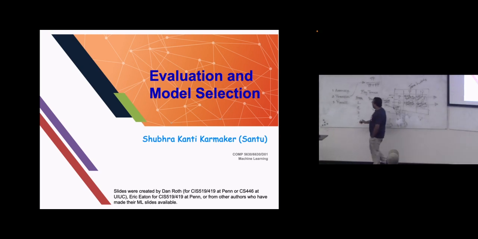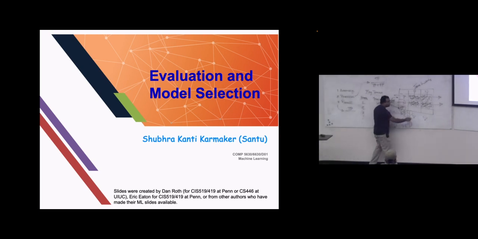What would be the recall formula then? True positive divided by all positive, and all positive is this column, which basically means true positive plus false negative. Is that clear? Any question on precision, recall, accuracy metric? And what is the formula for accuracy based on this table?